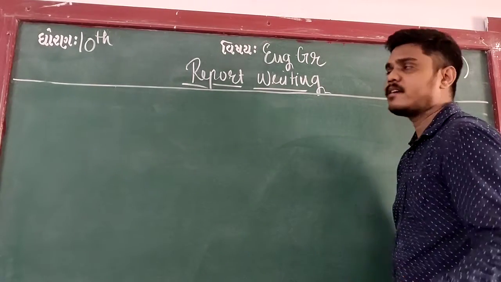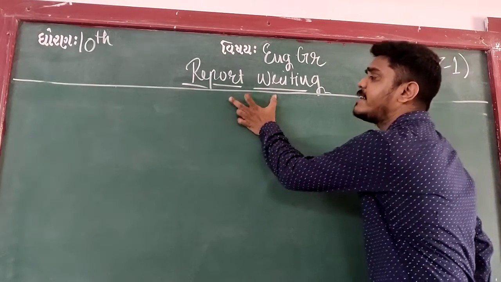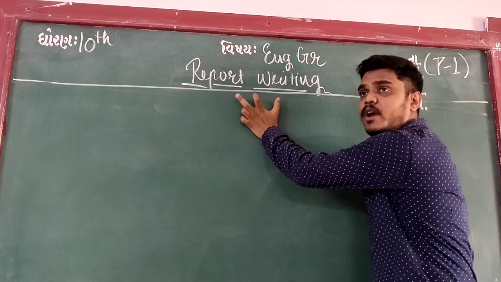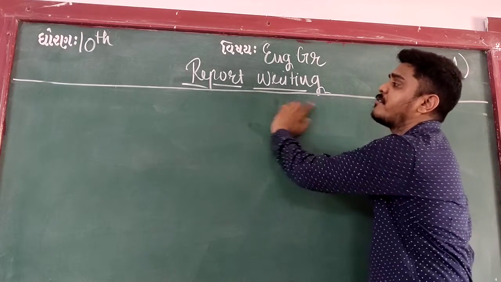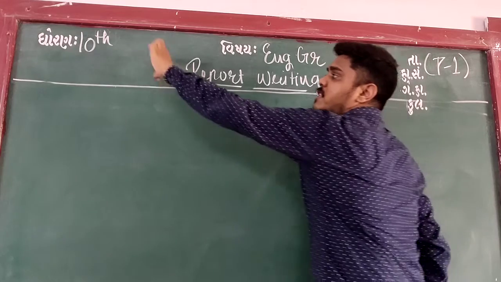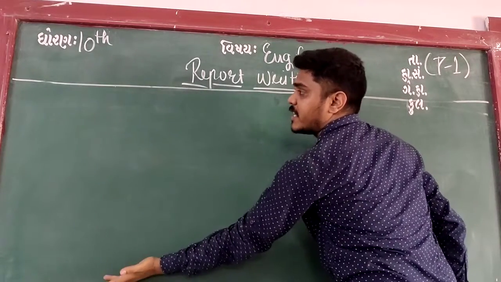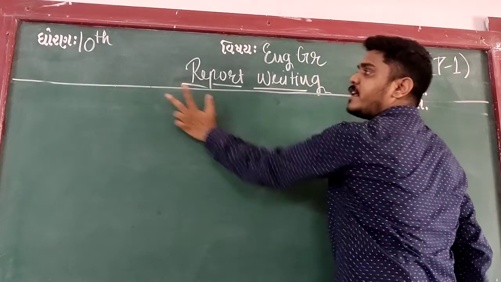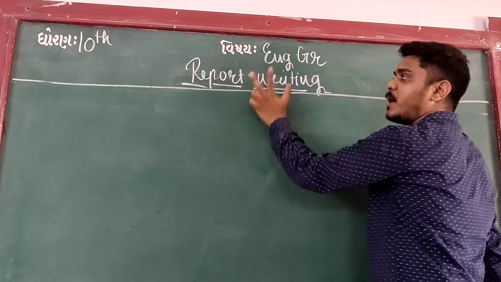Okay, I think we don't need a title at this moment because I am going to write a report. I am rubbing this so we can have this much area and this much area, so we can write a report very well. Got it? So I am rubbing this.